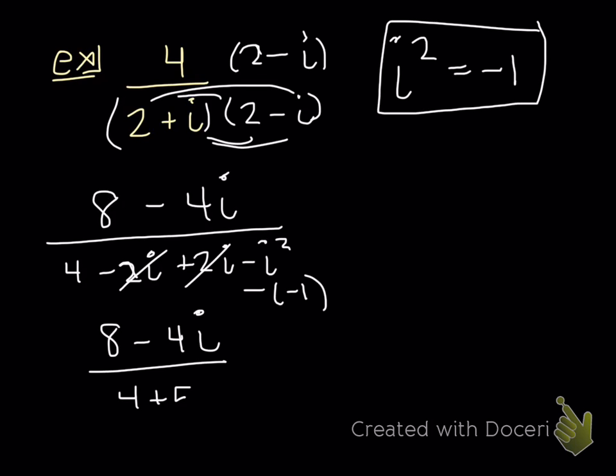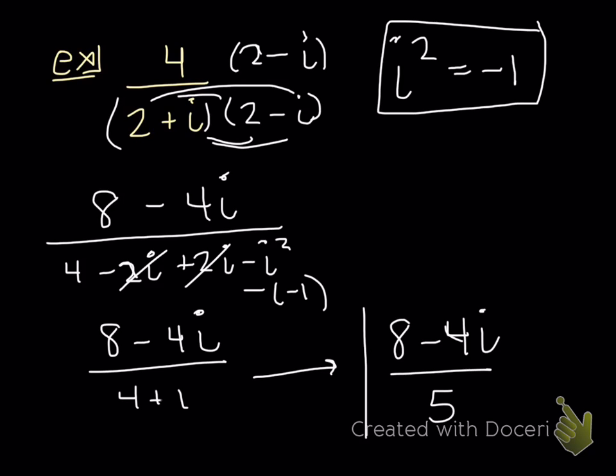Oops, I'm ahead of myself. So it'll be 4 plus 1, which will give us 5. So I have 8 minus 4i all over 5. So notice by multiplying by the conjugate, it gets the i out of the denominator. So just like we're not allowed to leave square roots in the denominator, we're not allowed to leave i's in the denominator. So let's try another one.